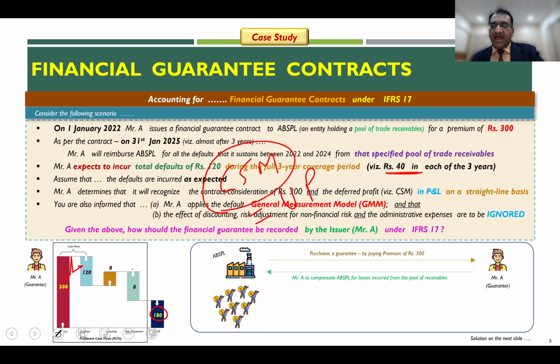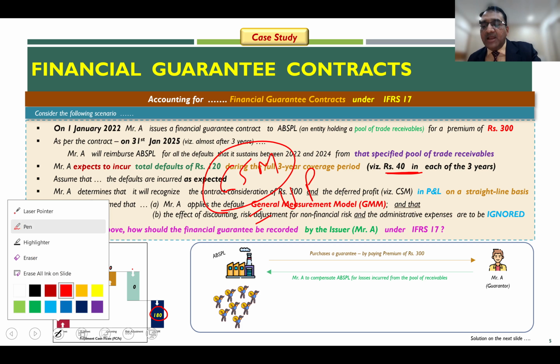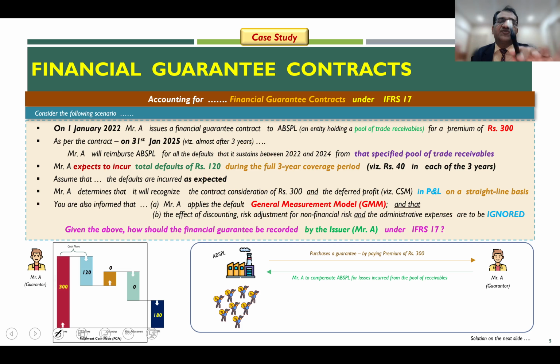Right? So, as I said, we will not get into this. We will look at the insurance contract accounting at a later point in time. But logically, in this fact pattern, you have a scenario where you are getting a fee income of 300 rupees. You are expected to incur a loss of 120 rupees by way of the default, for which you will be responsible, and therefore that will give you 180 rupees of expected profit.